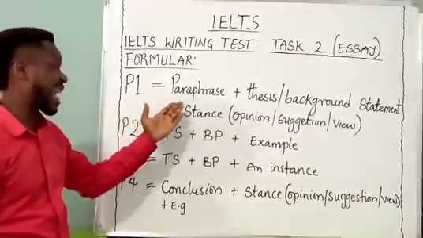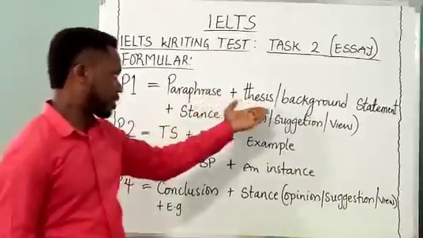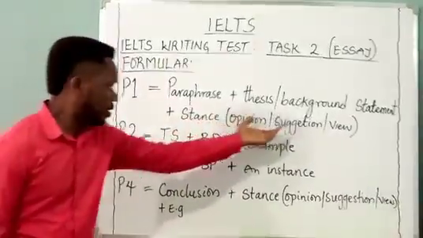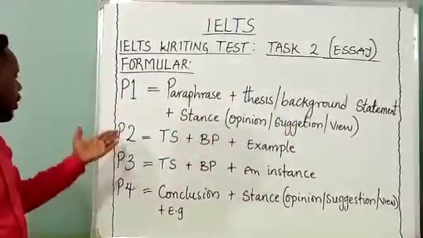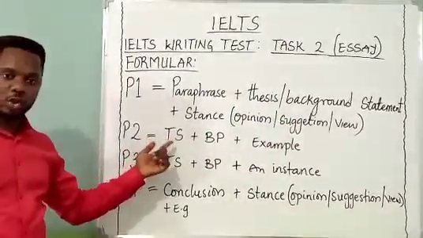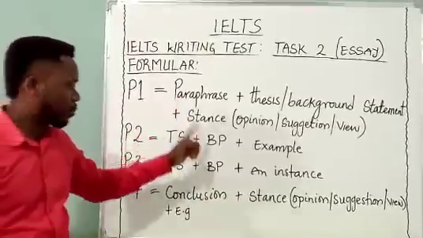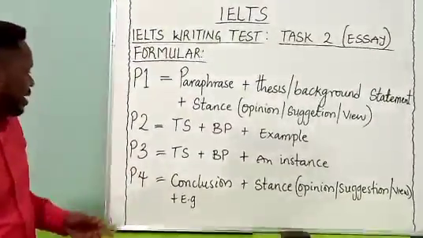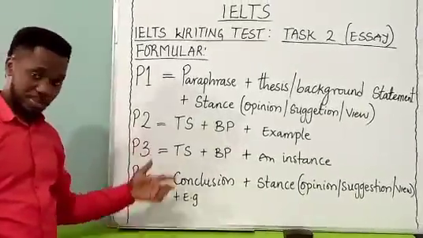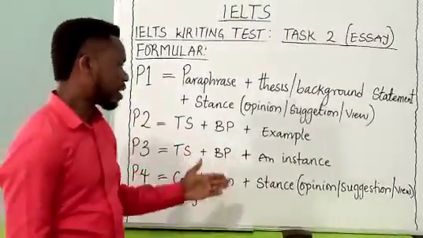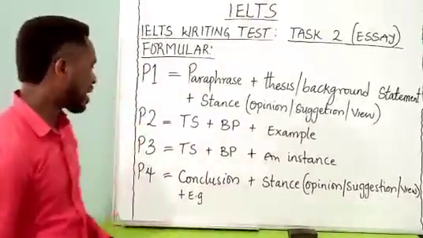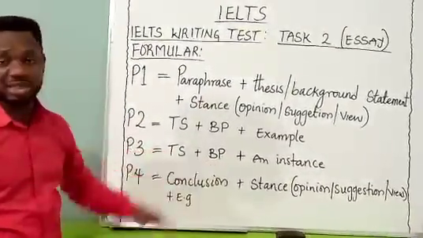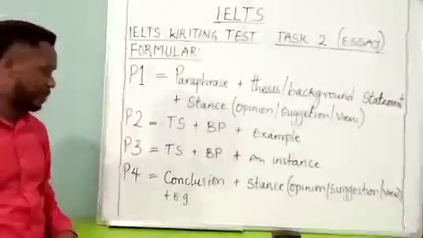Your P1 must have your paraphrase, your thesis or background statement, and your stance. Of course, it could be any of these. Your P2 must be your topic sentence and your body paragraph and your example. Your P3 must have your topic sentence, a body paragraph, and another instance that is in line with what you are expressing or portraying here on your P3, paragraph 3.